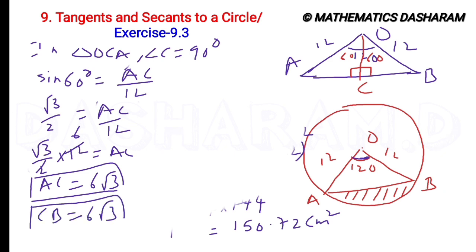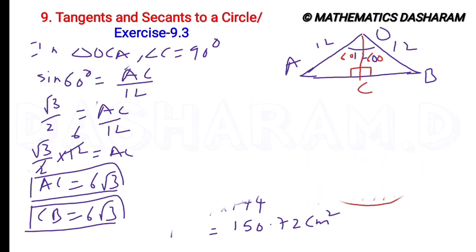Am I right? Why? Because observe the second triangle OCB. In this triangle also, the same measurements: 60 degrees and 12 centimeters. Next we need to find the height of the triangle. So this is the height of the triangle.